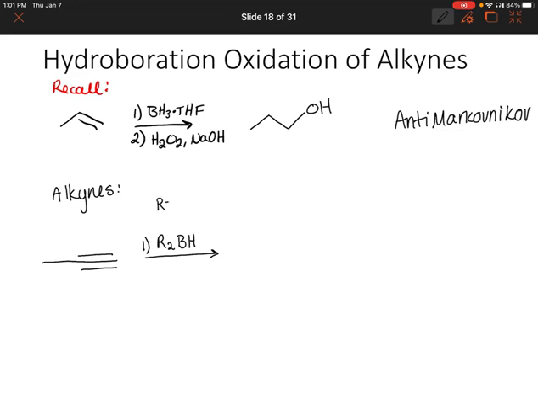So remember, R just stands for some sort of alkyl group, so some carbon-hydrogen group. And then the second step stays the same, so we're still using hydrogen peroxide and sodium hydroxide. So this should still be an anti-Markovnikov addition since we're using hydrogen peroxide.